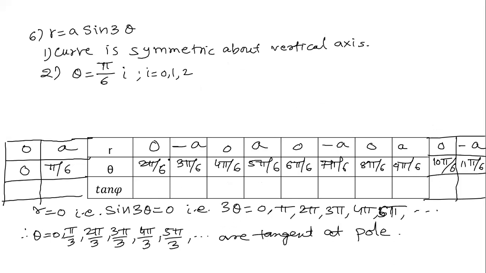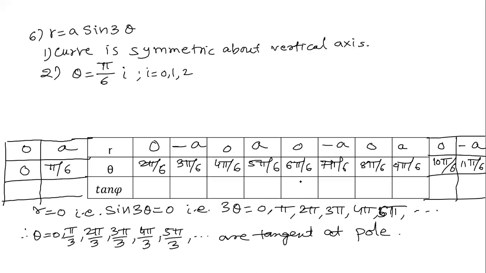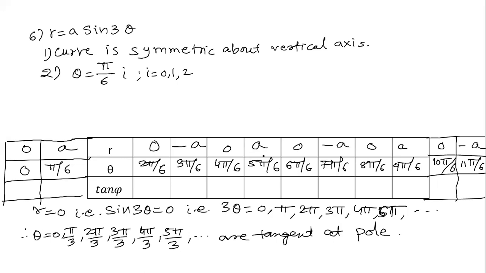After that, theta equal to 3 pi by 6, r equal to minus a, in opposite direction. It will be like this. Third is theta equal to 5 pi by 6, r equal to plus a, like this.